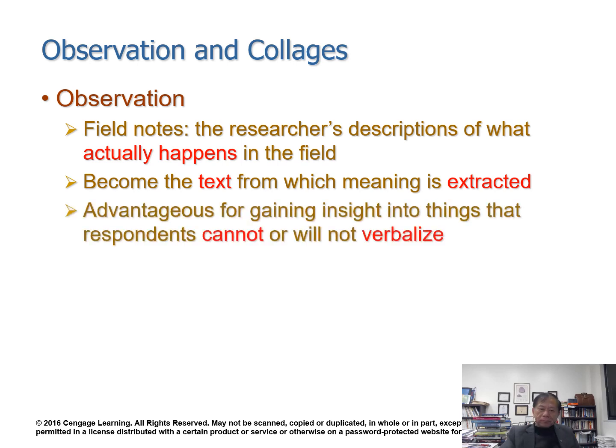It's advantageous for gaining insights into things that the respondents cannot or will not verbalize. Sometimes they cannot verbalize, or will not. And then you can use observation. You take your notes, and then you can try to extract meaning from that.